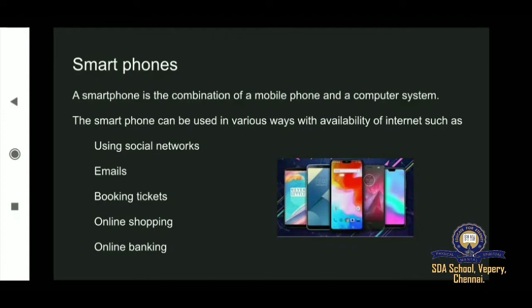You can do online shopping through Amazon, Flipkart. So there are lots of online shopping websites like Big Basket. So when you use your smartphone, you can download apps like Amazon, Flipkart and Big Basket. But when you use your computer, you can just open your website. The Big Basket's website you can open, but you cannot download the app. Only through smartphones you can download apps.